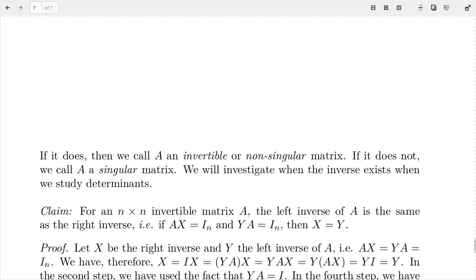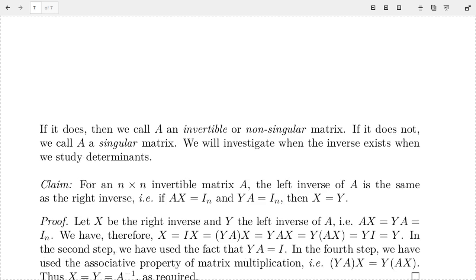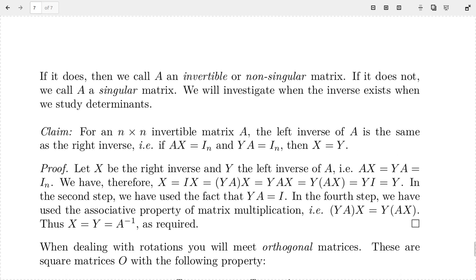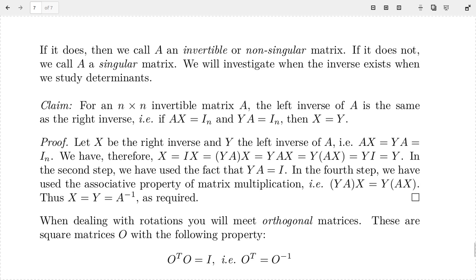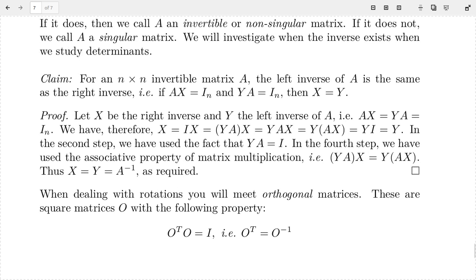If A does have an inverse, then we call A a non-singular matrix or an invertible matrix. If the matrix A has a left inverse and a right inverse, as in AX equals I and YA equals I, then X equals Y.